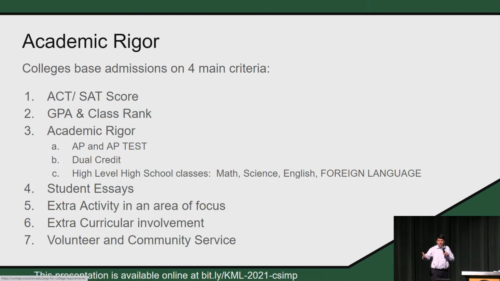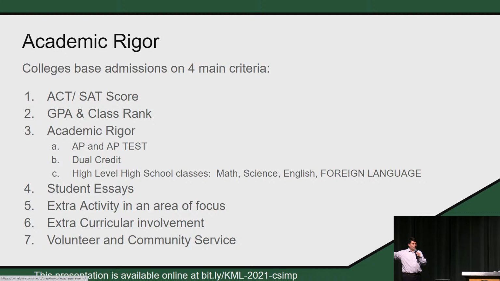And then I have the list of other things. Student essays make a difference in applications for colleges, as do extra activities in a focused area. I put extra activities in an area of focus because if your child wants to go to an elite university, one that has a small admissions rate, they need to hit all of these, and one of them is extra activity in an area of interest.